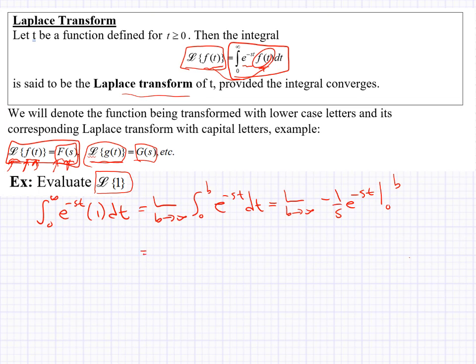We would then get the limit as b goes to infinity of negative 1 over s. Plug in b for t and then plug in 0 for t. So I get e to the negative sb minus e to the 0.